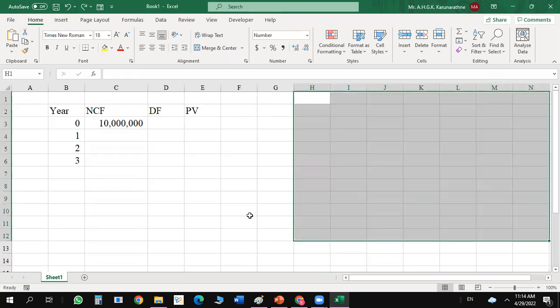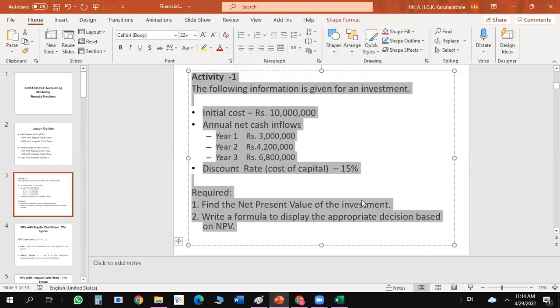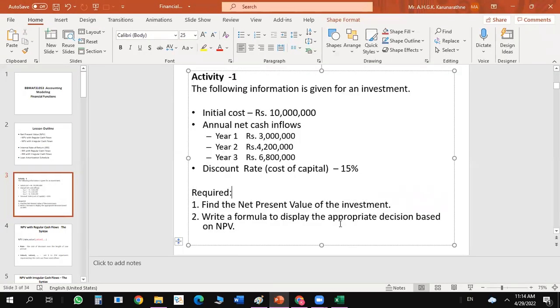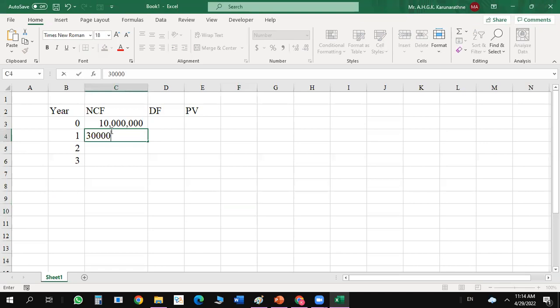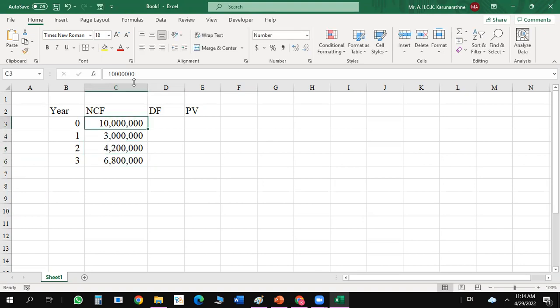So not to worry, we'll have a look and take the figures, right? So 3 million, 4.2, 6.8. So these are the information, and this is the initial investment that you all know.